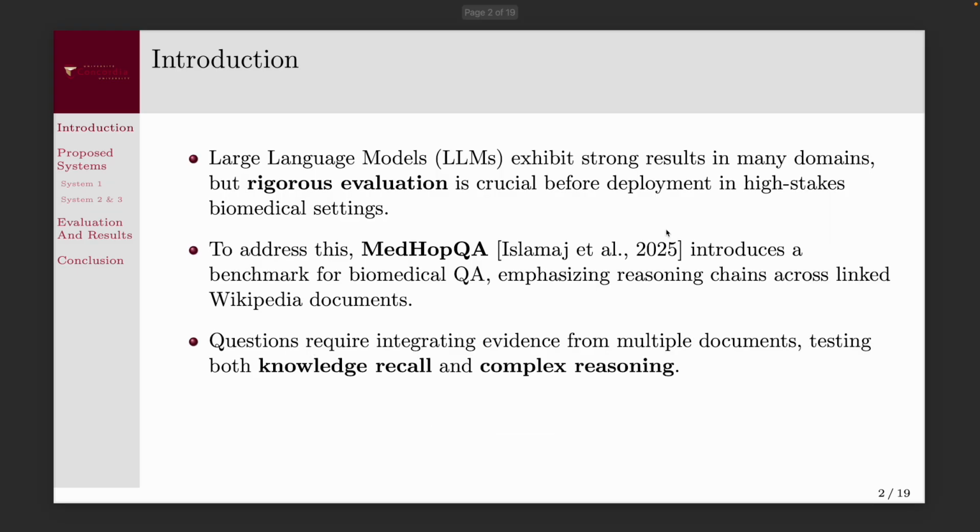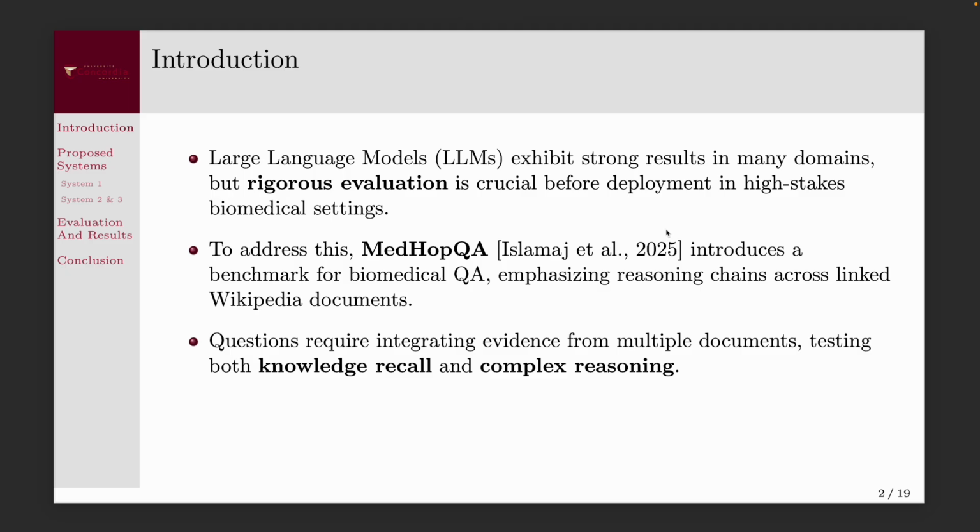LLMs generally exhibit strong results in many domains, but for biomedical domains, rigorous evaluations are required before deployment. To address this, the MedHopQA Shared Task introduces a benchmark for biomedical QA that is robust, and it emphasizes reasoning chains across linked Wikipedia documents.